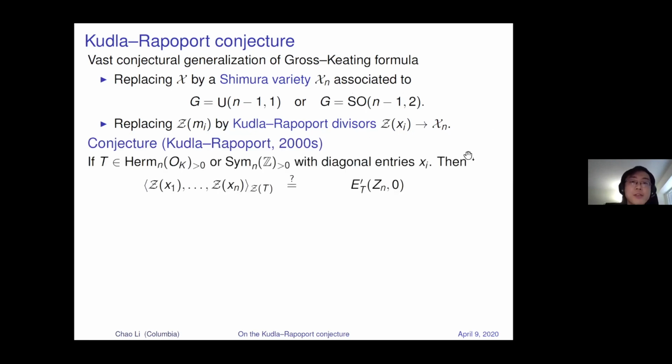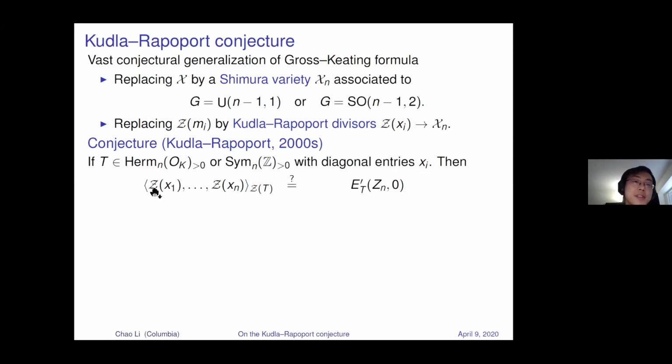All right, so now Kudla-Rapoport asks, can I compute the arithmetic intersection of n such Kudla-Rapoport divisors on this arithmetic n-fold? The more precise statement is the following. Suppose I have a positive definite Hermitian matrix in the unitary case, or a positive definite half-integral symmetric matrix in the orthogonal case, with prescribed diagonal entries ξ.